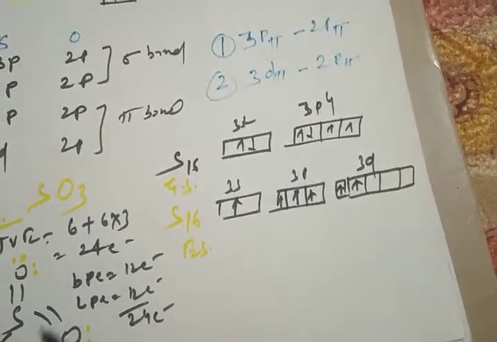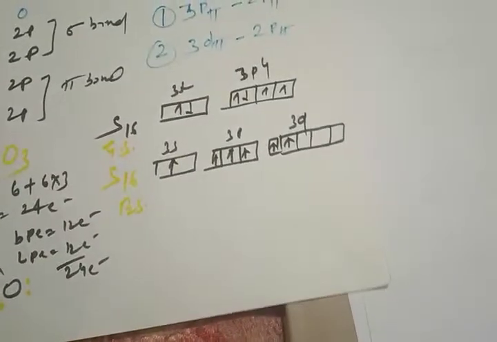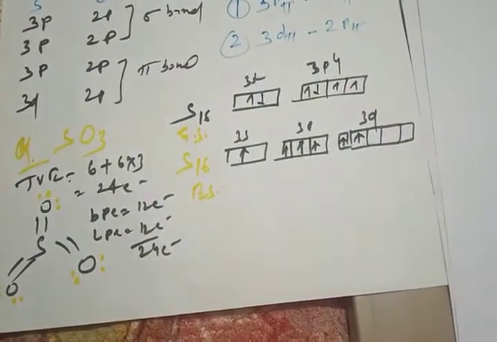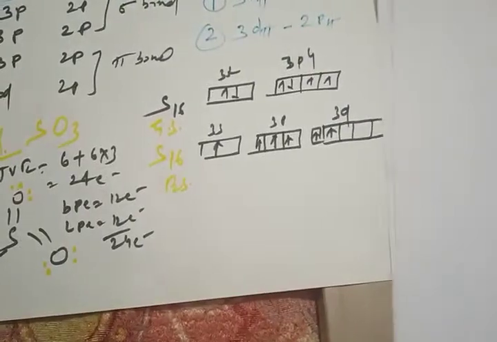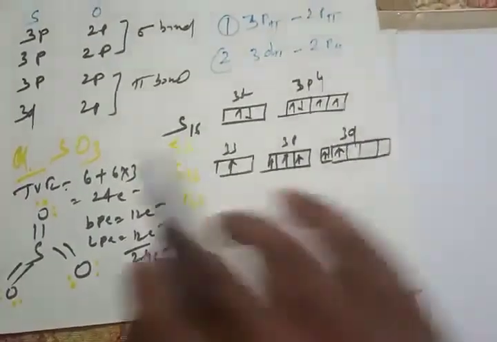So we all know that we have 3 sigma bonds and 3 pi bonds. We had already discussed that. Now we will discuss which one is the p pi and which one is the p pi d pi.